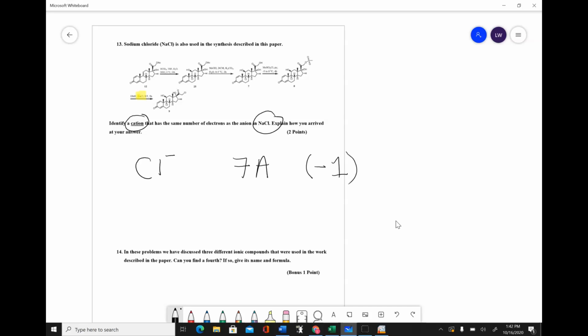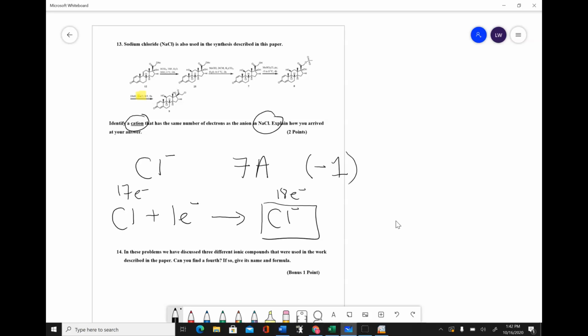So how does it form the anion? Well, the chlorine atom, which has 17 electrons, will gain 1 electron, and that will give it 18 electrons. So the chloride ion has 18 electrons.